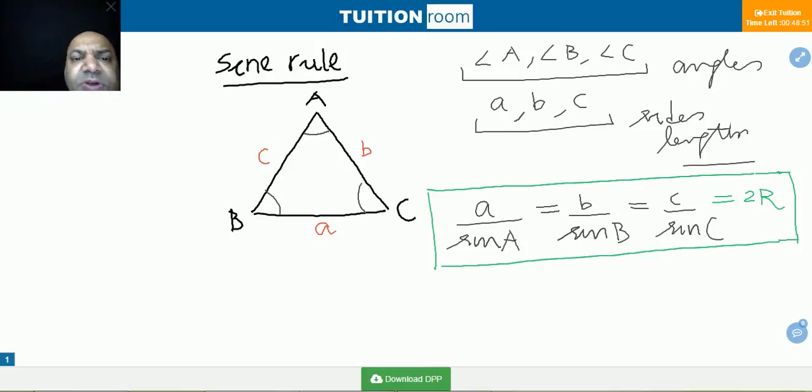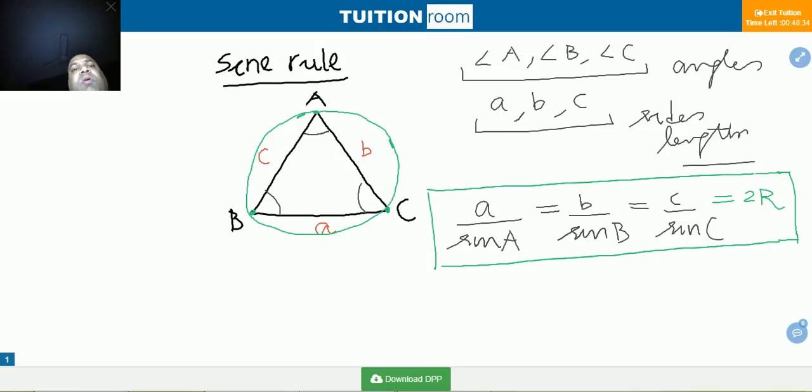We can draw a circle passing through all the three vertices of any triangle. We know that from three non-collinear points, we can draw one and only one circle. Hence, we can always draw a unique circle passing through all three vertices of the triangle.